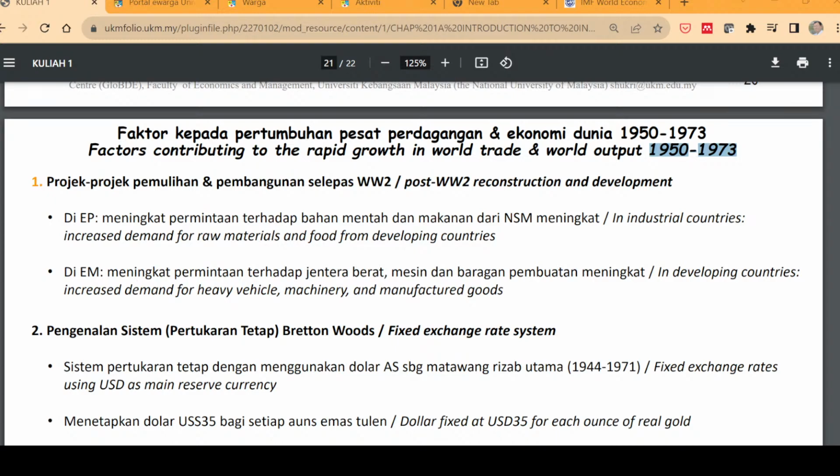Developing countries needed to buy industrial products, manufactured goods for consumption, as well as machineries for reconstruction, to rebuild bridges and roads damaged by the war.